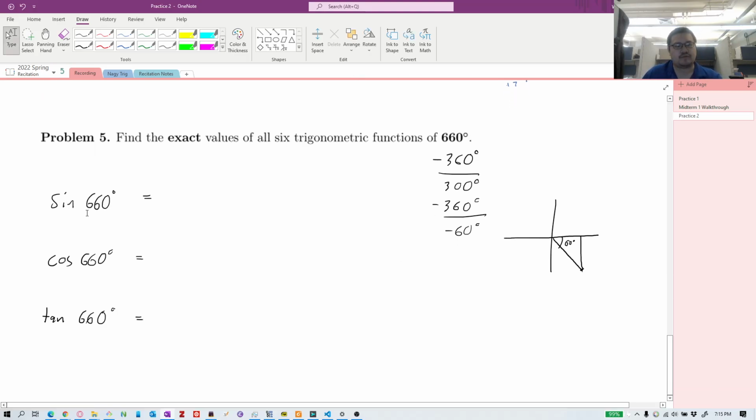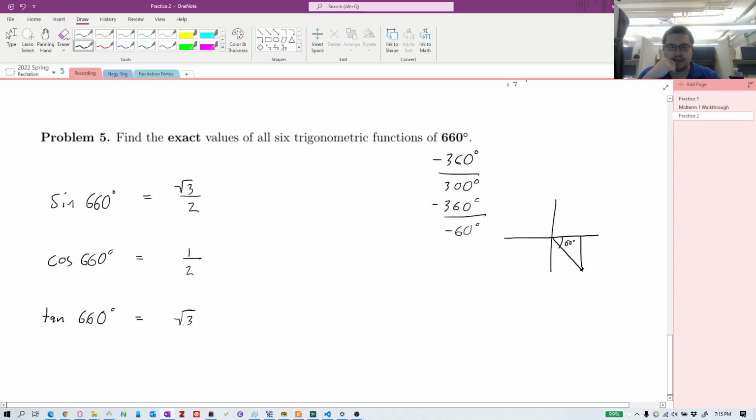So for these three, I think about what the function will evaluate to at 60 degrees. Sine of 60 degrees, if you remember your unit circle, is root 3 over 2. Cosine of 60 degrees is 1/2. And tangent of 60 degrees is root 3.